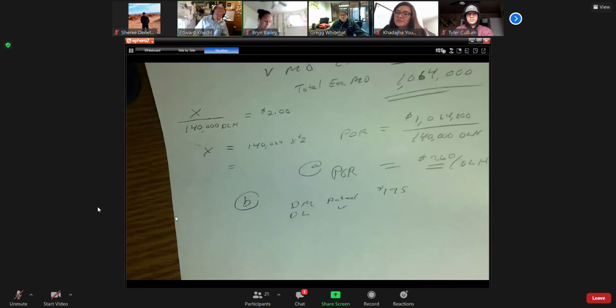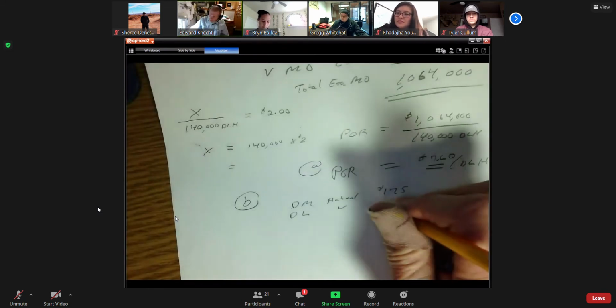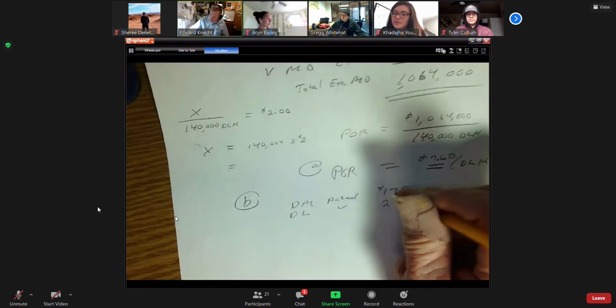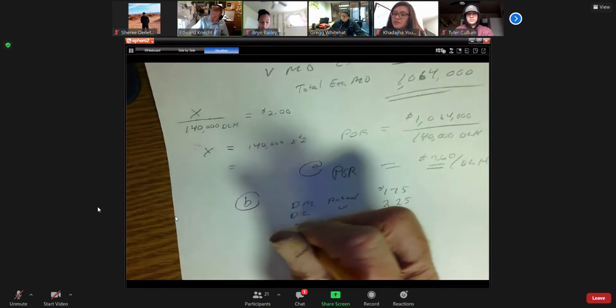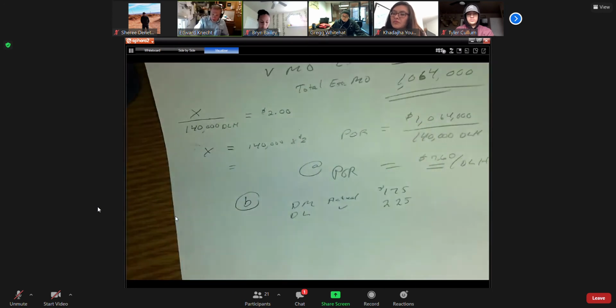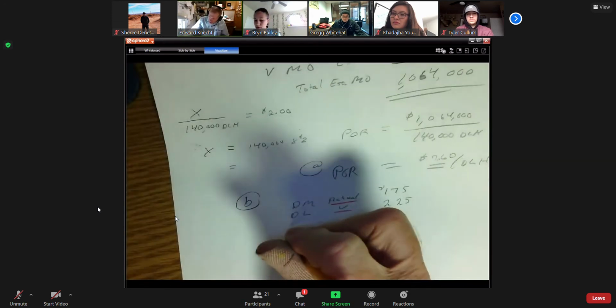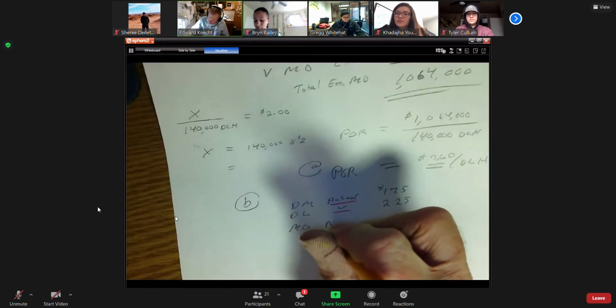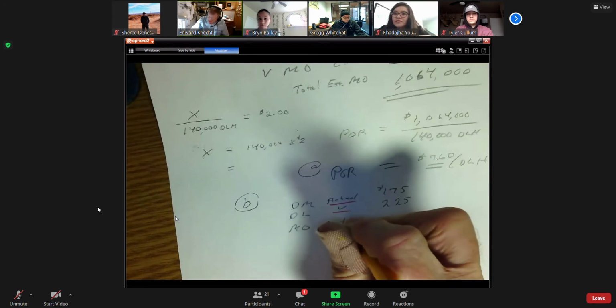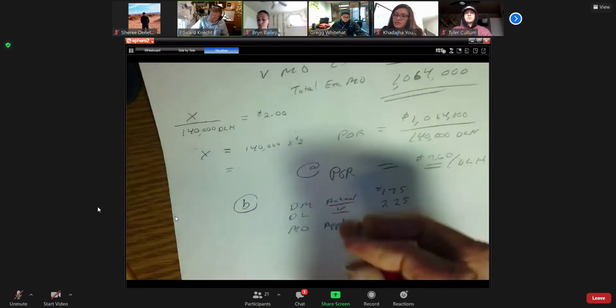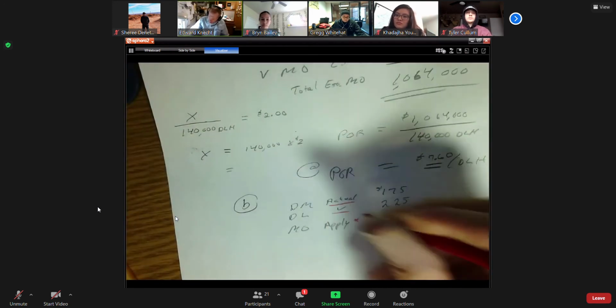So direct labor, the actual cost, they tell us $225. And then the third cost, these two are at actual, but our manufacturing overhead, we have to use the applied amount. We have to apply it, and that's based on the predetermined overhead rate.